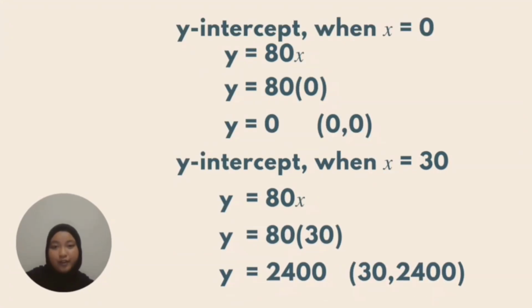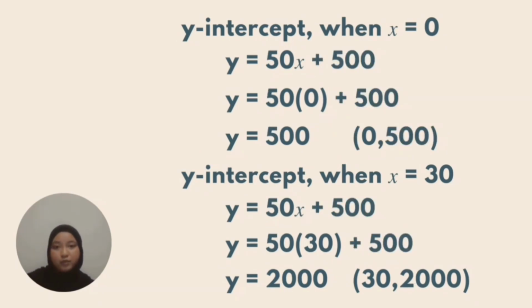So to plot the graph, we choose the y-intercept when x equals 0 and x equals 30. So we have 0 and 2,400 for y. Next, for the cost function, when x equals 0, we have y equals 500, and when x equals 30, we have y equals 2,000.